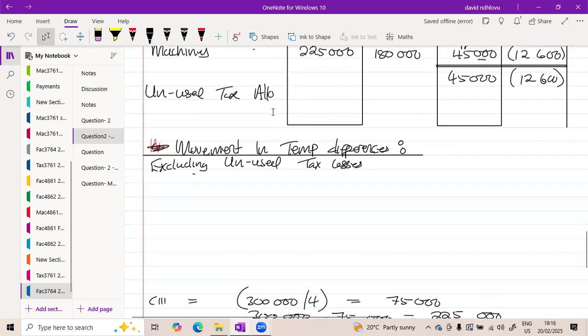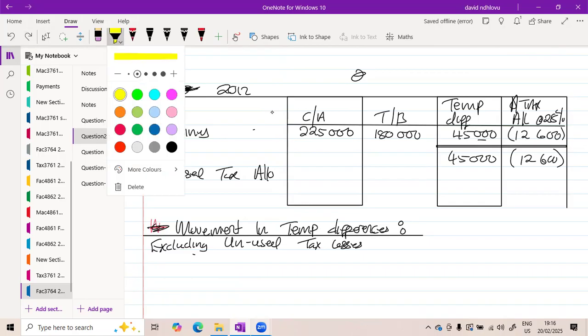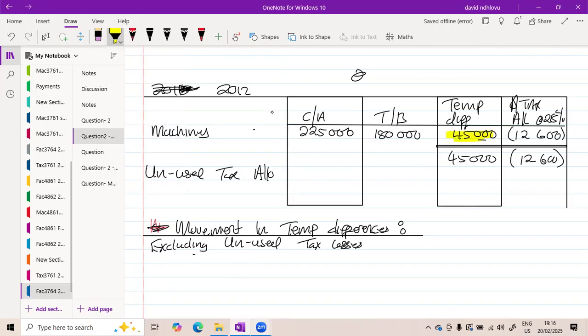Right, then you say, what was your temporary difference? It was an amount of 45,000. That is before the unused tax losses. And the figure was a positive amount. So you say 45,000.